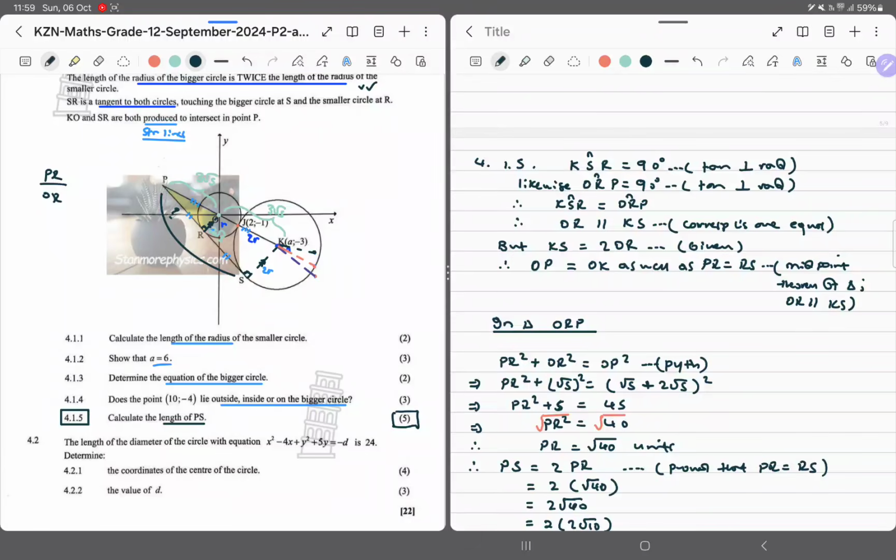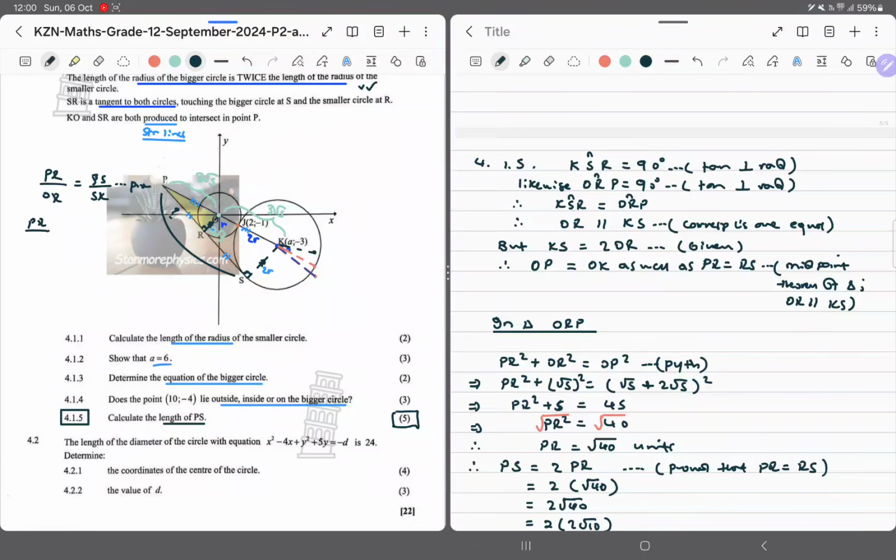We can look at it that way and say this is going to be equal to PS, for example, over what can I say, over SK. Again, we can just say prop theorem, and then we work it out.